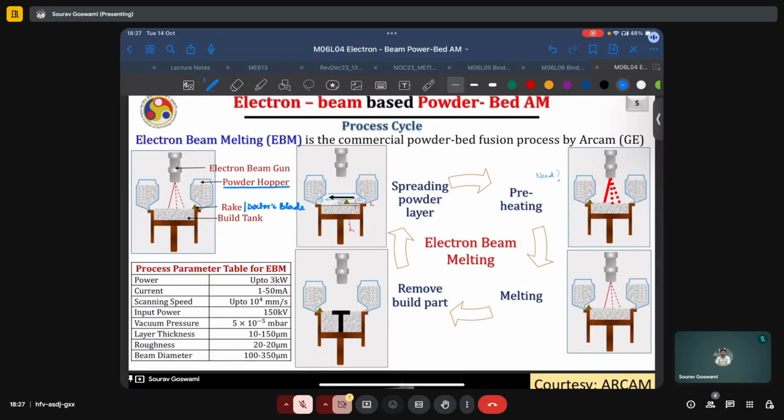But for powder feed based DED, it can easily go up to 10 kilowatt or so. The currents in this case are typically between 1 to 50 milliamps. The scanning speed can be up to 10 to the power 4, this is not millimeter, up to 10 to the power 4 meter per second.